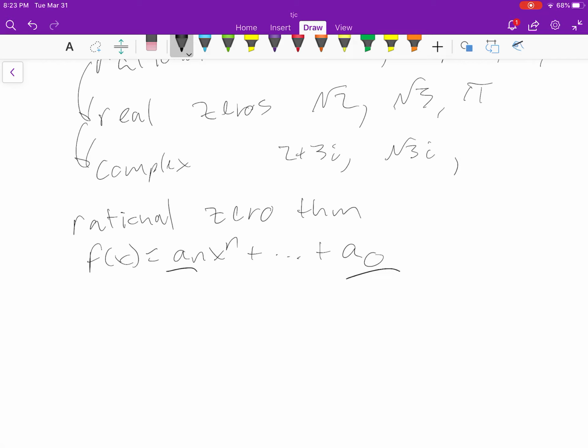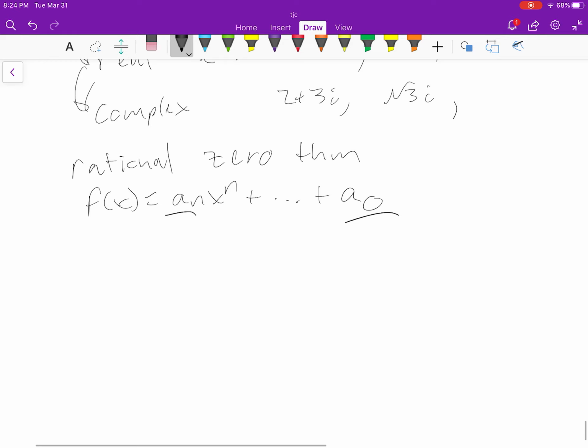All the stuff in between, if we're just trying to figure out the possibilities for rational zeros, are unimportant. Okay, and what this states is if you have some rational zero, some p over q, this is a solution to this equation.